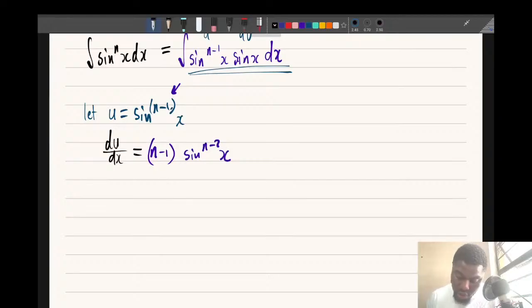Then you say minus the integral of v du.